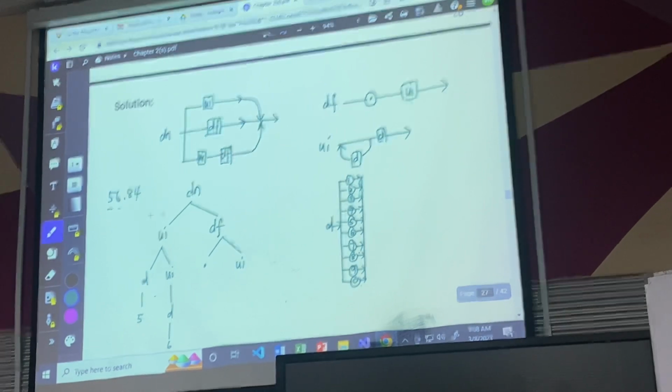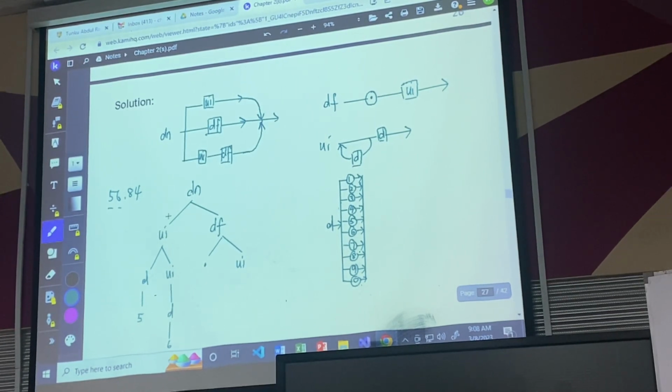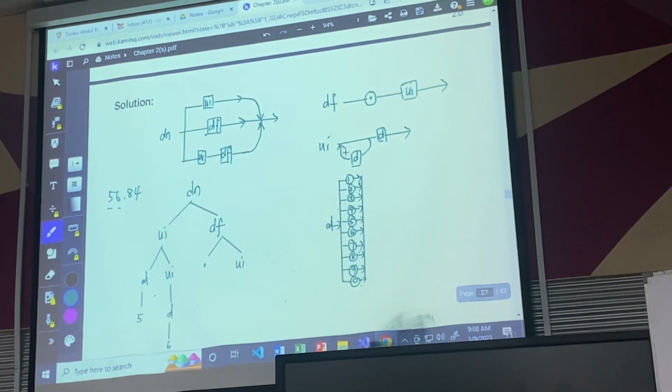Then you need another 2 digits, right? So the unsigned integer you need to substitute with what? Unsigned integer substitute with digit unsigned integer or digit? Which one? Digit unsigned integer first, right? So that you can have 2 decimal digits.